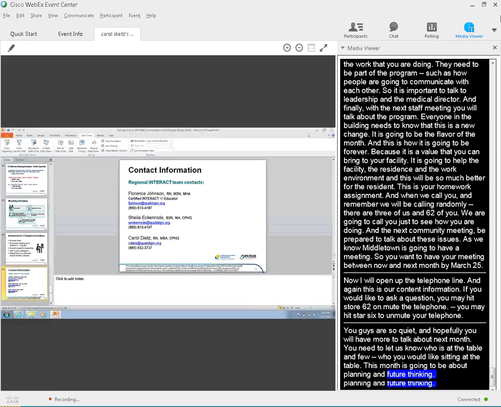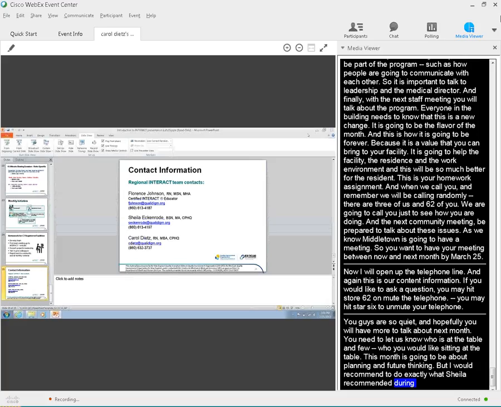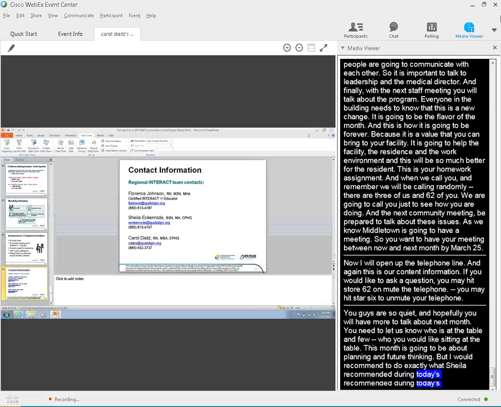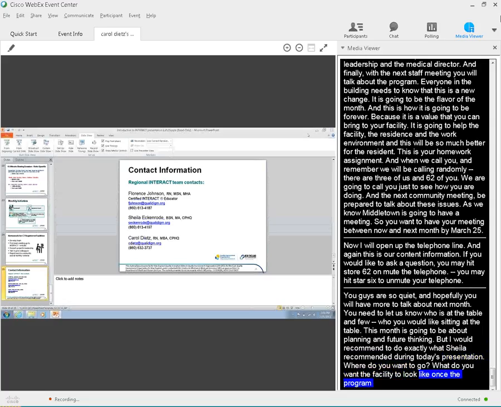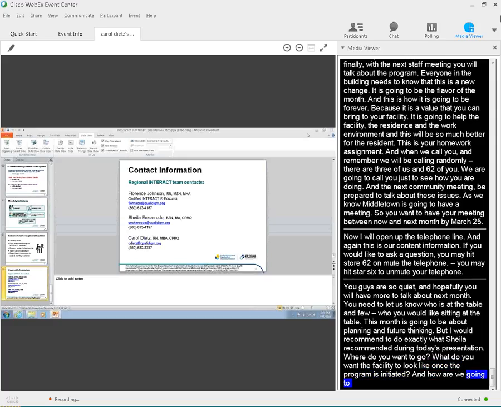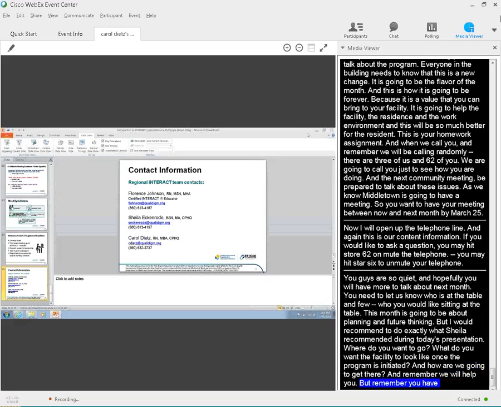Look at the big picture. Look at where you want to go. What is your facility going to look like when you have the Interact program initiated, and then start processing it down to say, okay, how are we going to get there? And that's our job here at Qualidine. We're going to help you, but you also have to make sure you have that vision of what you want it to look like.